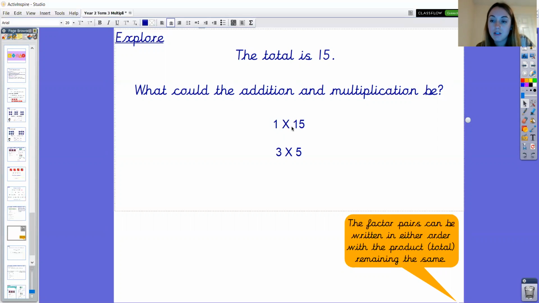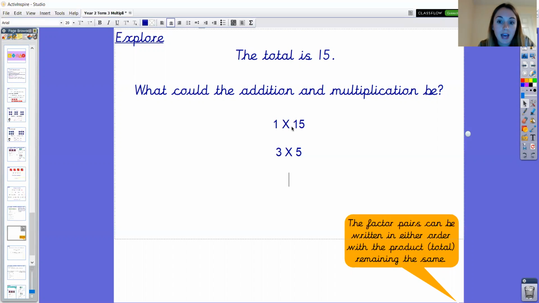Okay, so coming back to that rule I just shared with you, multiplication is commutative, so the factor pairs can be written in either order. So if I've just written it as 3 lots of 5, how else could it be written? Please pause the video here and talk about it at home. Well done.